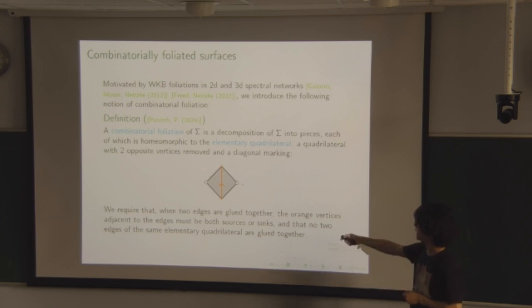And as we glue these elementary quadrilaterals, that's what I call them, we require that when two edges are glued together, the orange vertex, if it was a sink in one quadrilateral, must remain a sink. And if it's a source in one quadrilateral, it must be a source in the others as well.